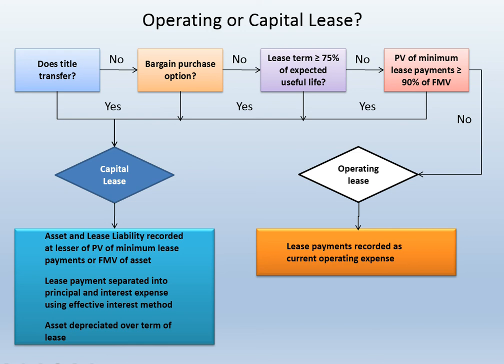If we answer yes to any one of the 4 questions, it doesn't matter which one, then we have a capital lease, and the asset needs to be recorded on the balance sheet as well as the lease liability.